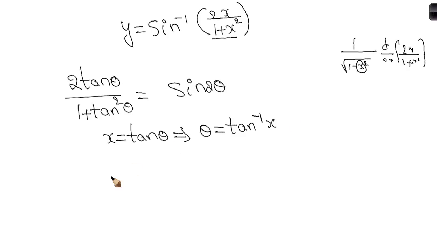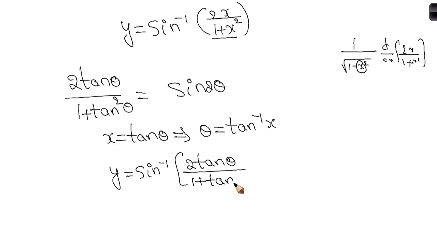Good. So y is sine inverse of 2 tan theta by 1 plus tan square theta. 2 tan theta by 1 plus tan square theta is sine 2 theta, that is sine inverse of sine 2 theta.